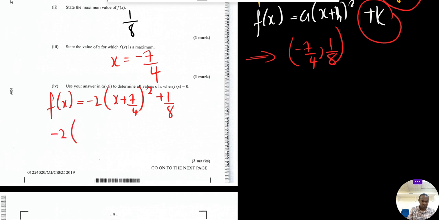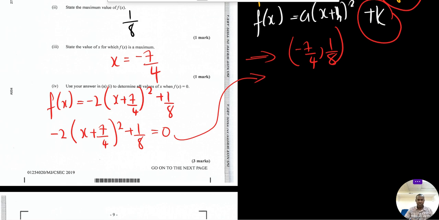And so we have minus 2 bracket x plus 7 over 4 all squared plus 1 over 8 equals 0. So we now can bring the 1 over 8 to the other side, and we can say that minus 2 bracket x plus 7 over 4 squared equals minus 1 over 8.